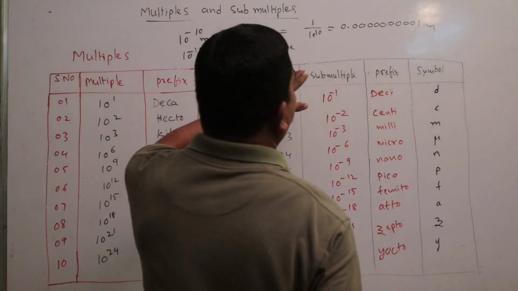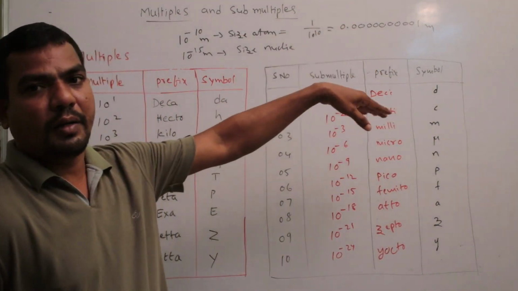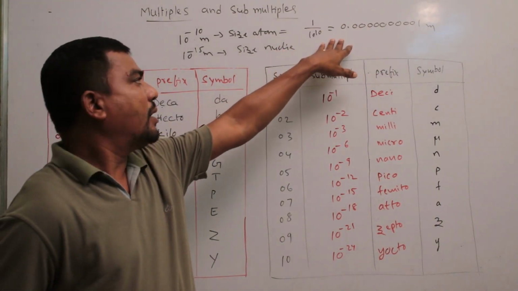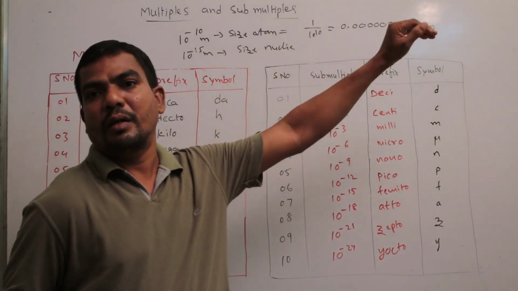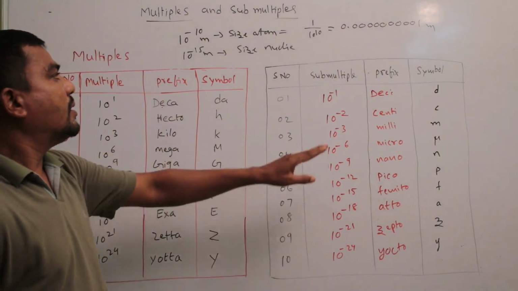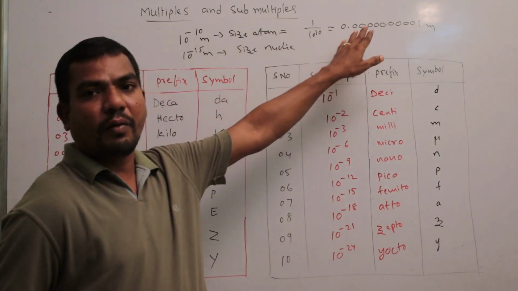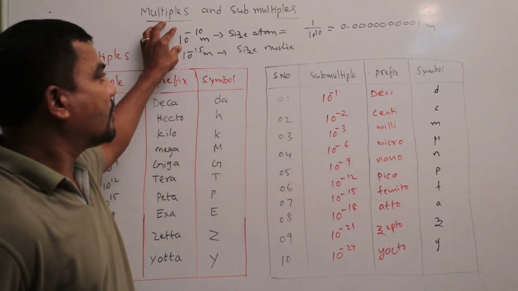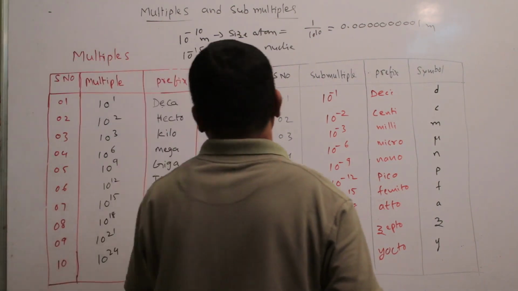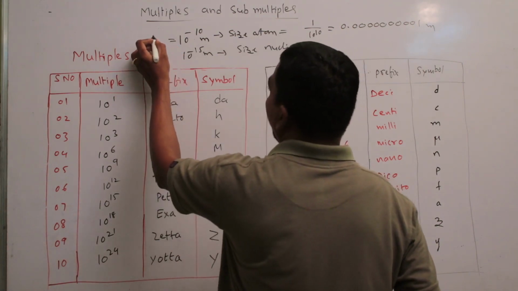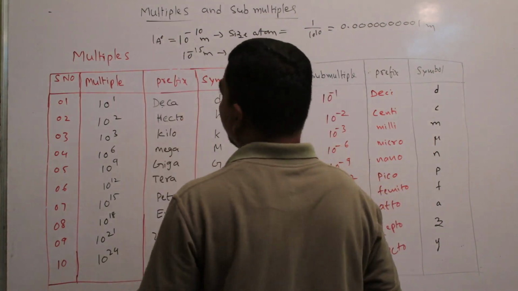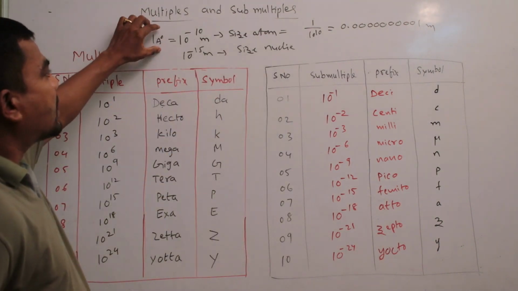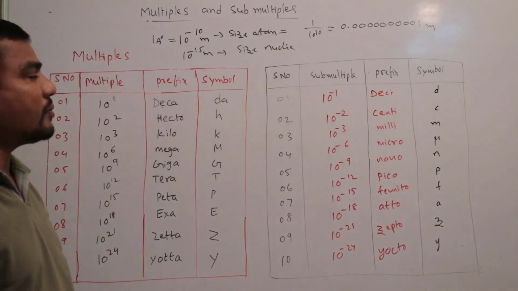Generally this is a very small number, written in decimal form with many zeros. We can write this total number in simple form as 10 power minus 10 meters, which is 1 angstrom. Here angstrom is the submultiple of the units.